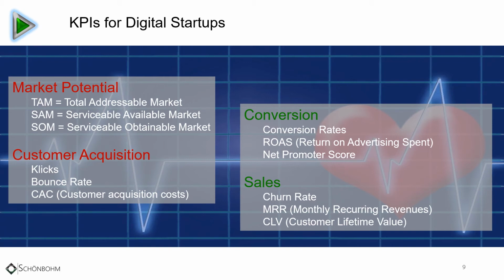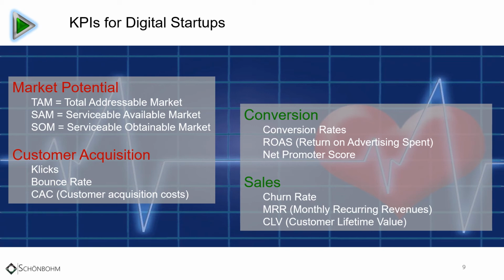SAM is the serviceable available market. Maybe the world is too big for us and we won't be able to address the total market. Some of the markets are capped by national legislation, so it's not so easy. And the SOM, the serviceable obtainable market.